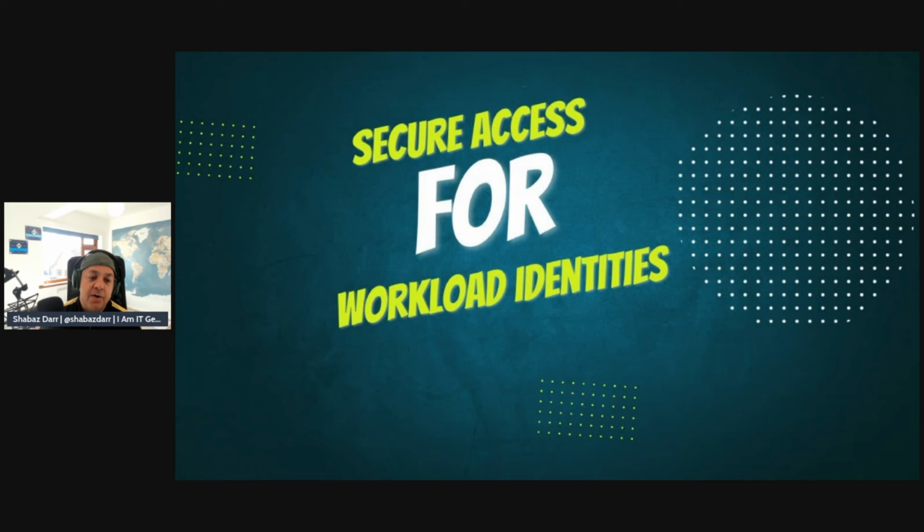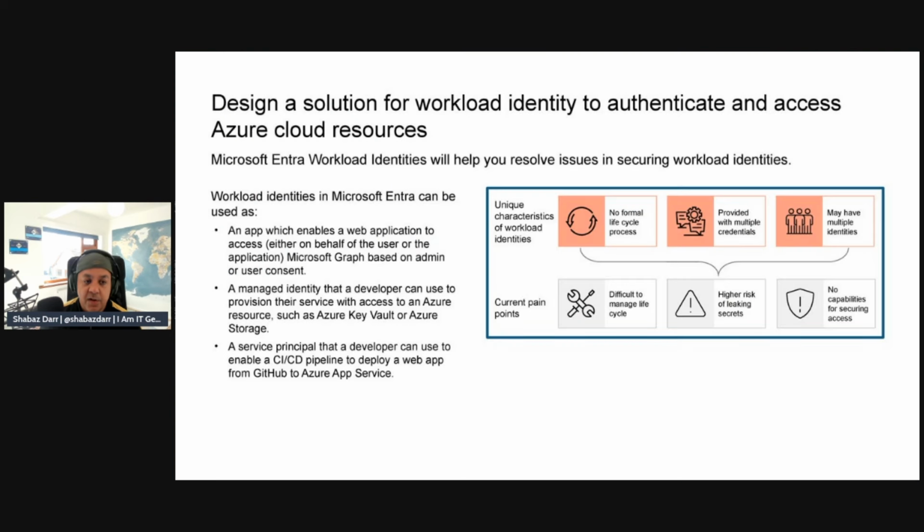So let's talk about securing access for workload identities first of all. Here are some of the workload identities in Microsoft Entra that you'll use. You have an app that's going to enable a web application to access Microsoft Graph based on admin or user consent. This access should be either on behalf of the user or the application.